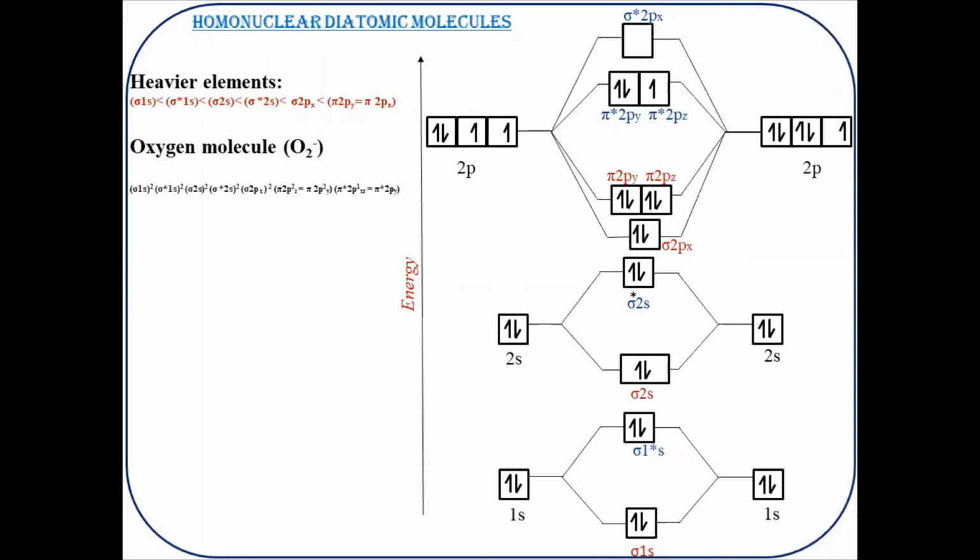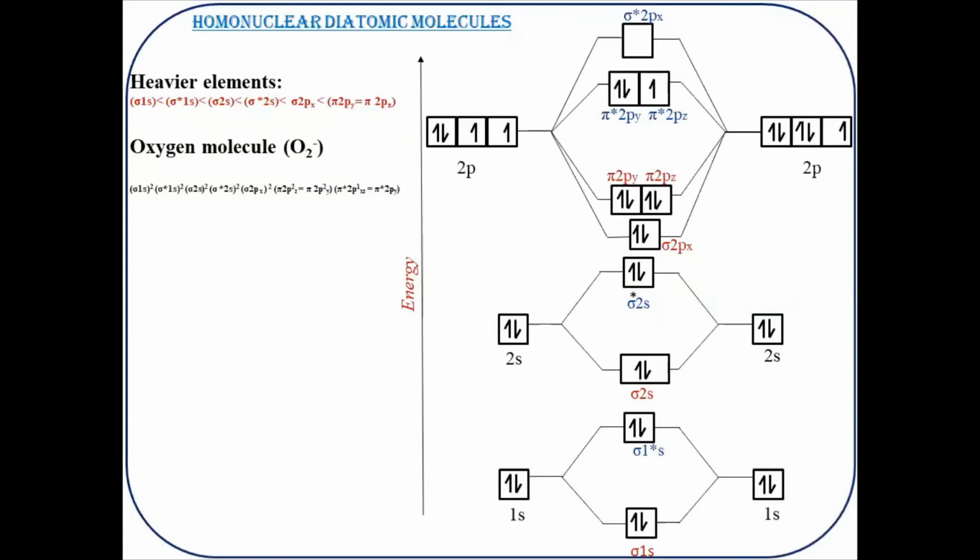So the inner shell of electrons does not take part in bonding, and the bonding sigma 2s2 and anti-bonding sigma star 2s2 cancel each other. Okay, so the sigma 2px2 orbital is filled and forms a sigma bond here.